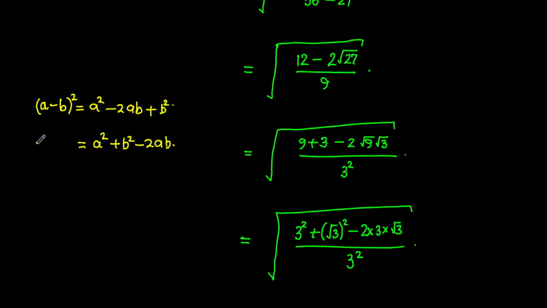So in this regard, let's compare what we have just written here with our expression here. Let's get this nearer and say, if we have 3 square plus under a root of 3 being squared minus 2 times 3 times root 3.